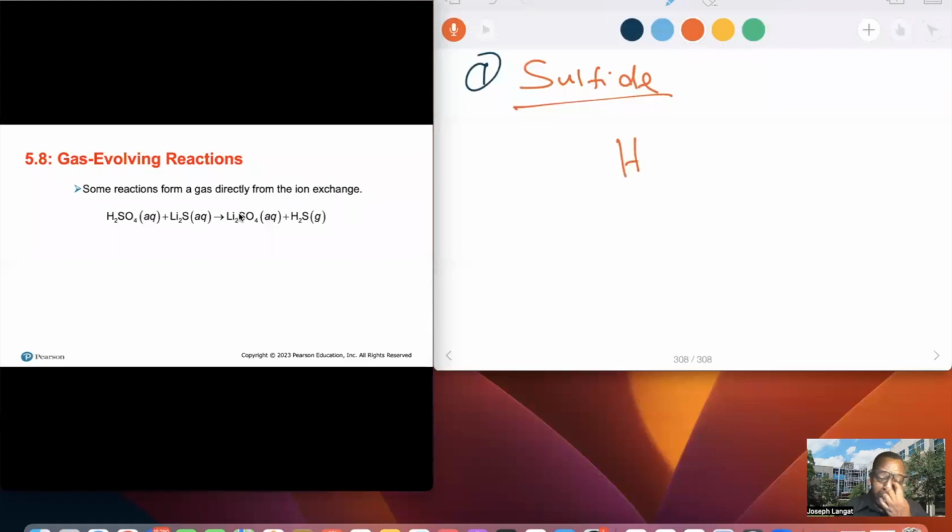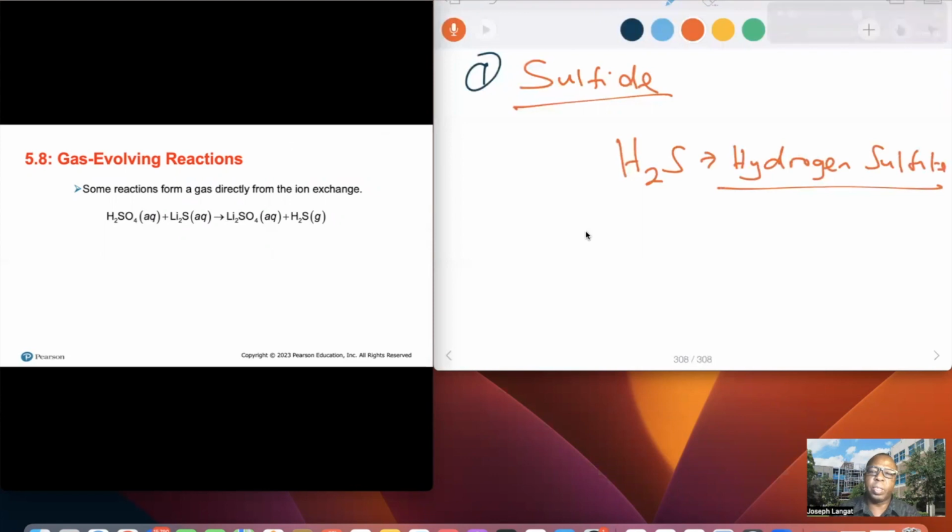The acid plus sulfide: remember acid-base? Here is an acid reacting with a sulfide. It produces hydrogen sulfide. So when you look at the chemical formula for all sulfides, they produce a salt and hydrogen sulfide gas.